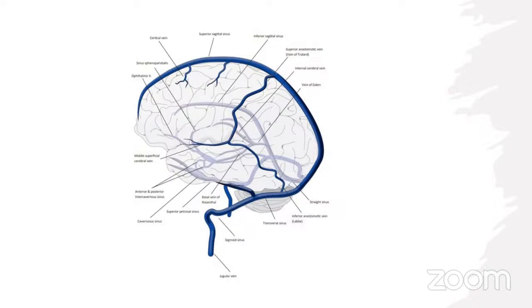And when the transverse sinus is involved, patients have aphasia, seizures, and they present with cranial nerve paralysis and ataxia also.